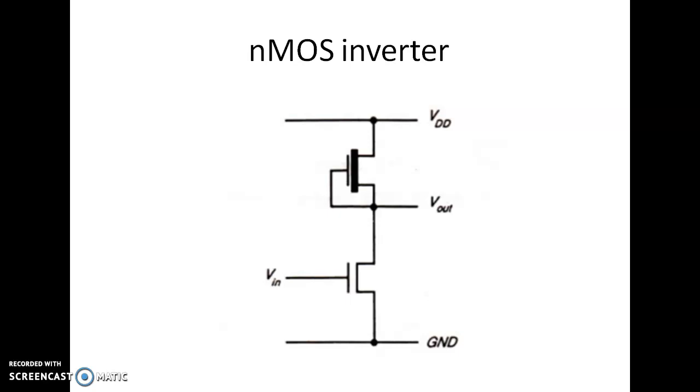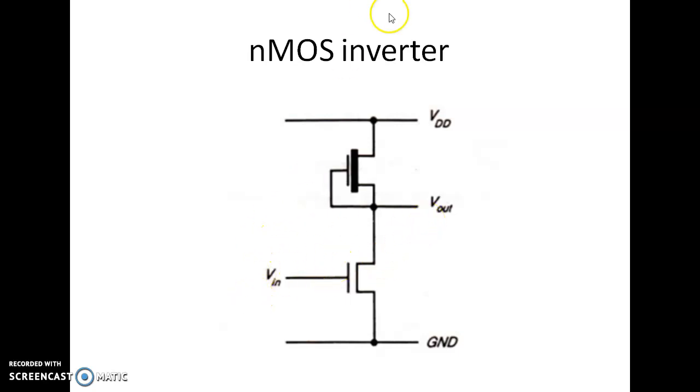The point of intersection can be seen, that is the switching inverse point. Whenever Vin is equal to VGS of the pull down transistor, whenever we give an input voltage that exceeds the threshold voltage of this transistor, the current begins to flow. Whenever this transistor is on, the output voltage decreases.